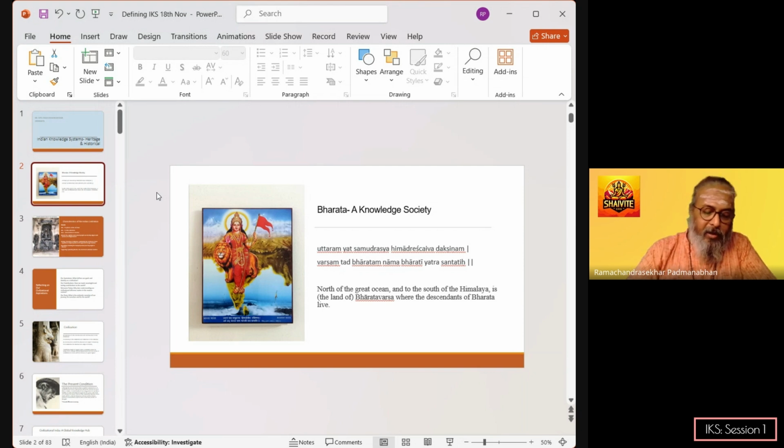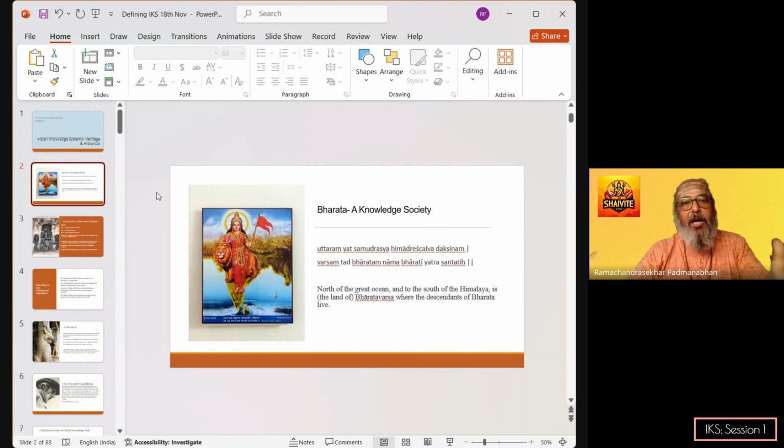Because we have been hearing that Indian knowledge systems are not just one of the oldest ones, but a complete, holistic knowledge system. The term Bharata itself suggests that we were a knowledge-centric society, something that set us apart from the rest during the period.